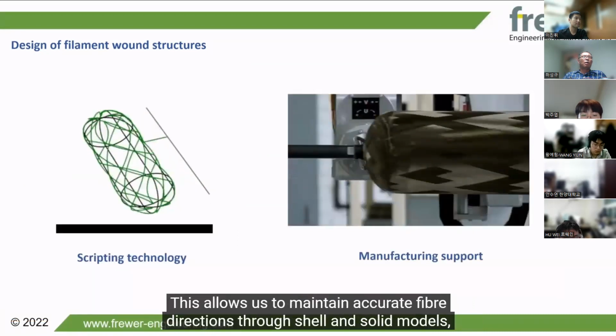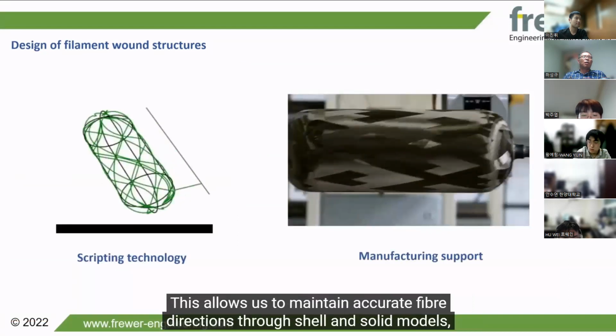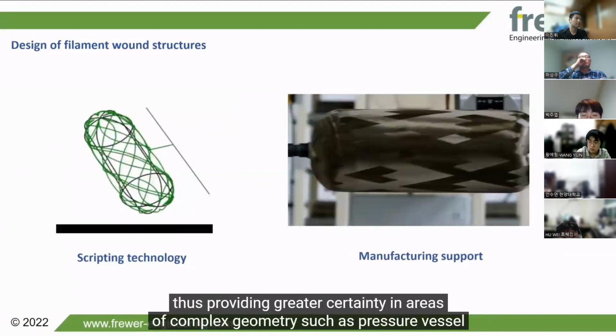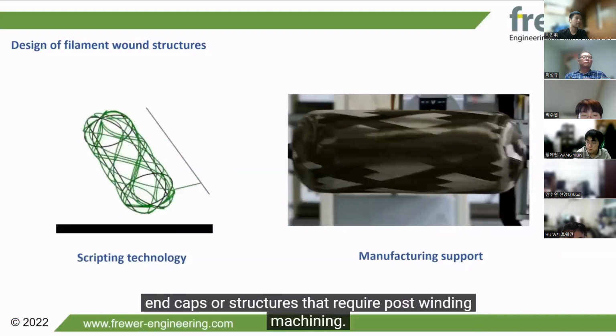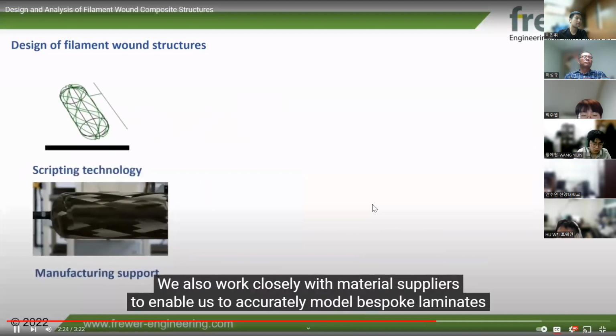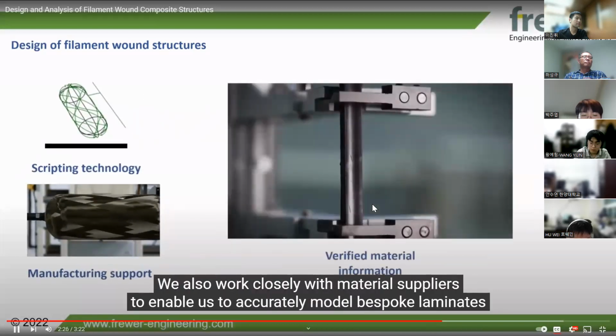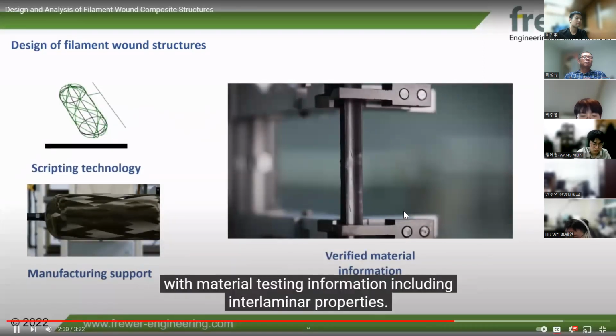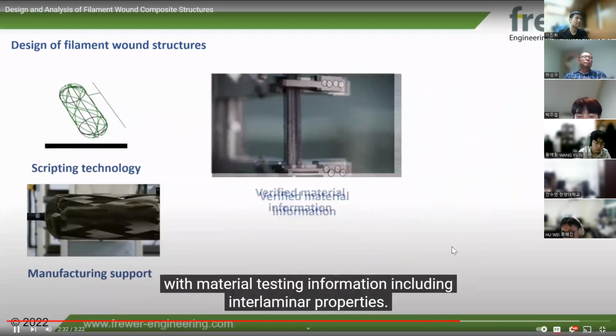This allows us to maintain accurate file directions through shell and solid models, thus providing greater certainty in areas of complex geometry, such as pressure vessel end caps or structures that require post-winding machining. We also work closely with material suppliers to enable us to accurately model bespoke laminates with materials information, including interlaminate properties.